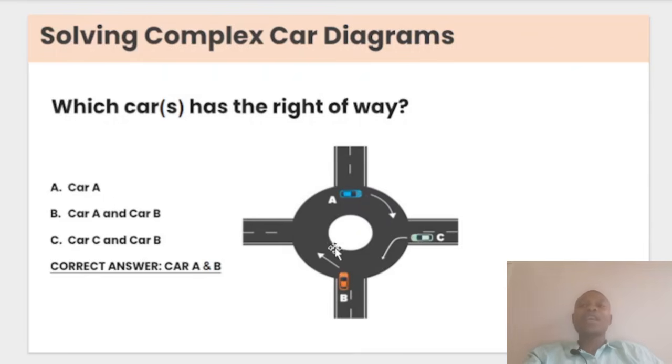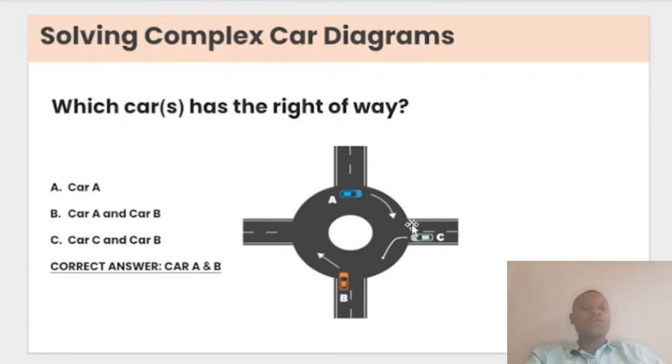So car B can safely enter the roundabout without disturbing the movement of car A.